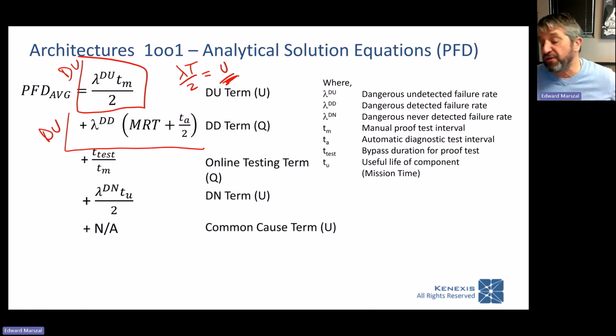If you look at data from some equipment vendors, Emerson does a really good job of this. They will give you a menu that says, if you test it like this, this is your proof test coverage. But if you test it like this, this is your proof test coverage. And if you test it like this, this is your proof test coverage.